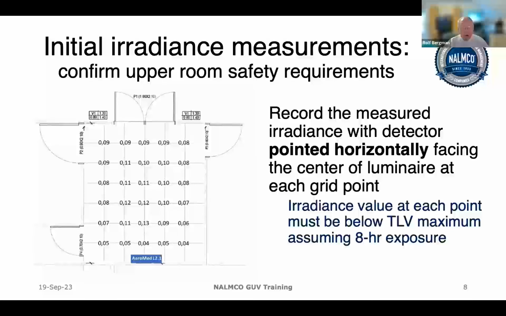And so these measurements will be done to evaluate whether all of these have to come in below an 8-hour TLV maximum exposure, cumulative dose, that is, not the irradiance, but the irradiance times the time has to be below a certain value.